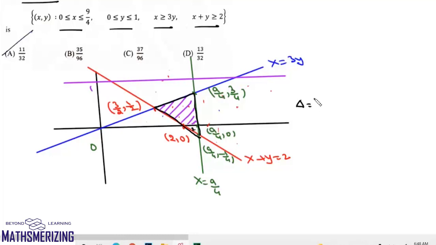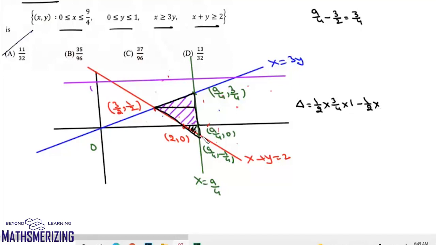First we'll find the area of this bigger triangle, which will be 1 by 2 and then this height. Now this height is 9 by 4 minus 3 by 2, so it will be 3 by 4. So 1 by 2 into 3 by 4 into this height. This height is 3 by 4 minus minus 1 by 4, which is 1, and minus 1 by 2 into the area of the smaller triangle.